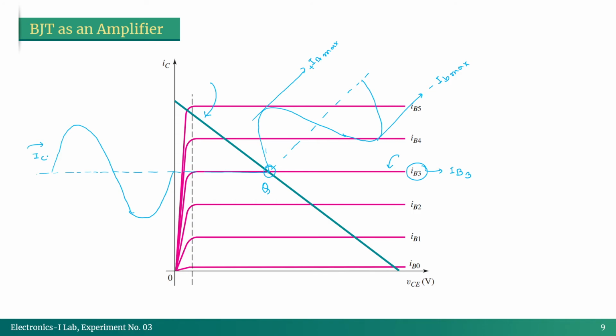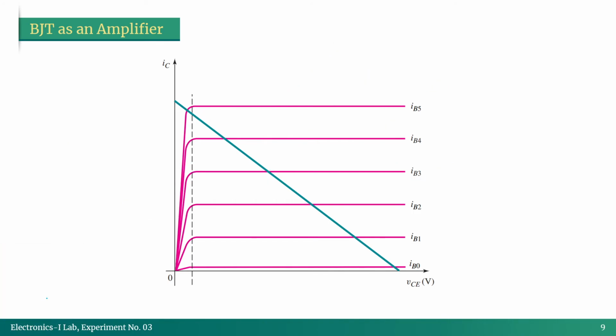But what will happen if our Q point is right here? Okay, let's say this is our Q point. Then our input signal should look like this one, which is IB.